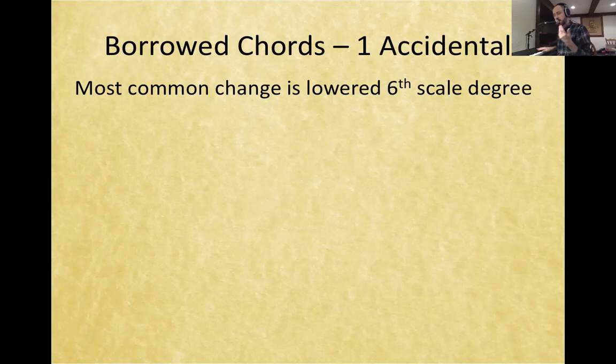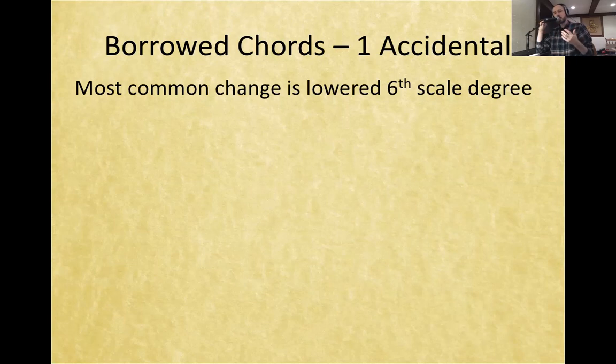We know that there's actually only 3 notes that are different between them, right? The 3rd scale degree, the 6th scale degree, and the 7th scale degree are the differences between major and the natural minor scale. And so if we think about it, we can sort of start to figure out which ones are more useful to us in borrowing or mixing the modes.